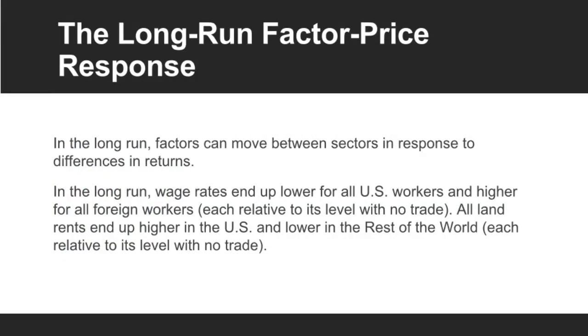In the long run, the period of time that is emphasized by the Heckscher-Ohlin approach, factors can easily move between sectors. The implications for factor incomes then depend on the factors demanded by the expanding sector relative to the factors released by the contracting industry. According to the HO theory, the expanding sector is intensive in the country's abundant factor, while the shrinking sector is intensive in the country's scarce factor.